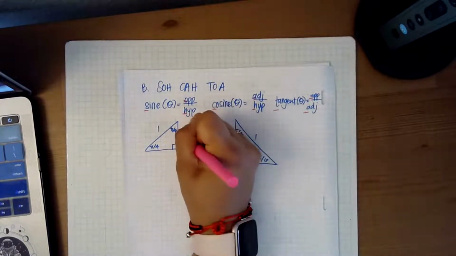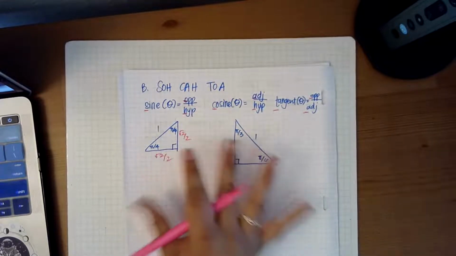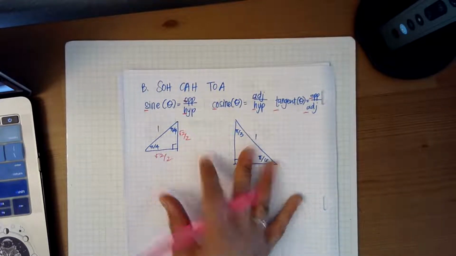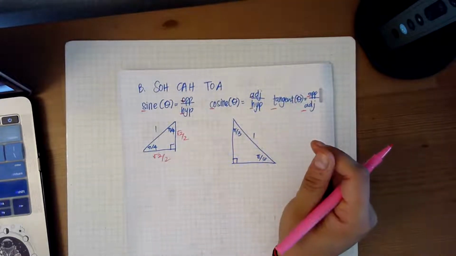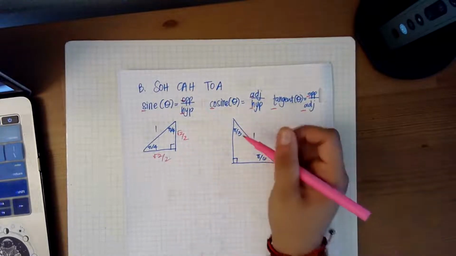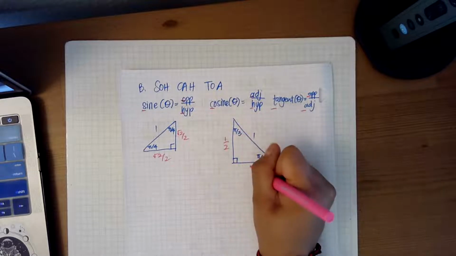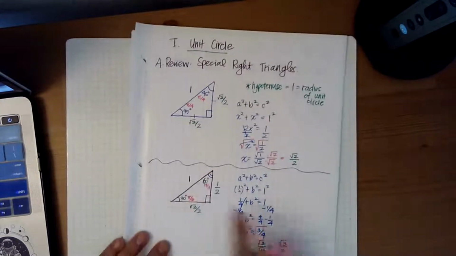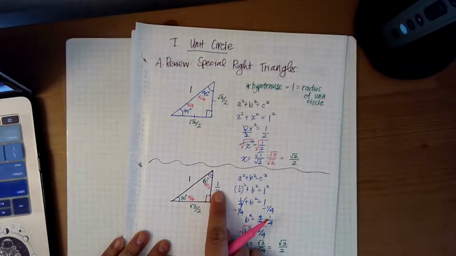Again, this is radical 2 over 2, radical 2 over 2. I am now just calling them through the radian now. Remember, across from pi over 6 is always going to be half, and across from pi over 3 is always going to be radical 3 over 2.